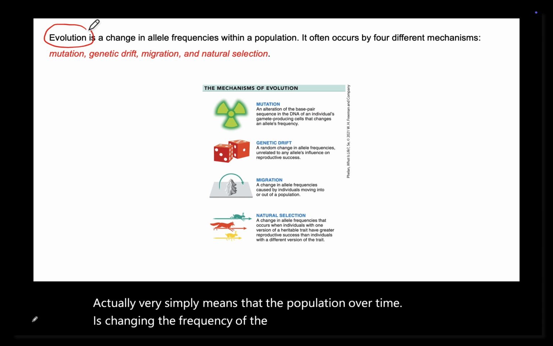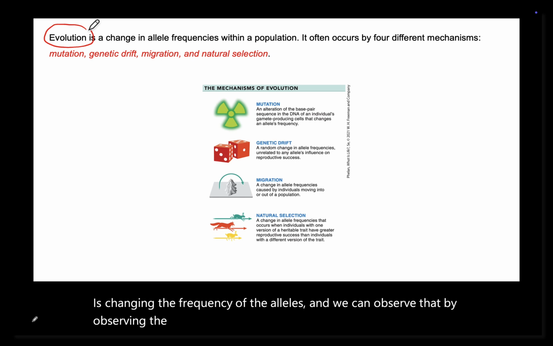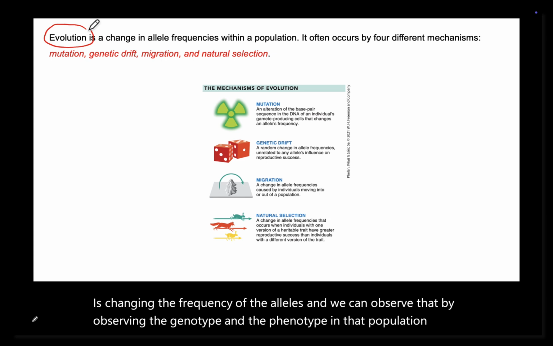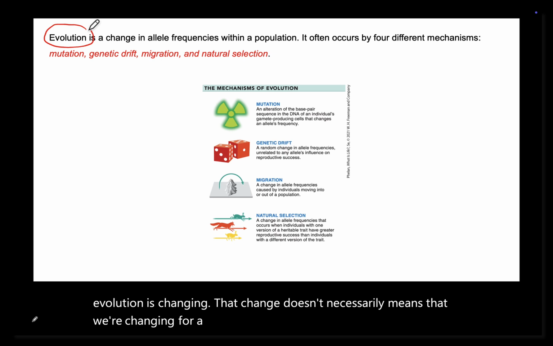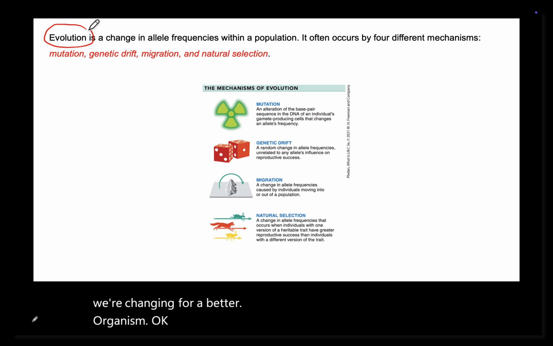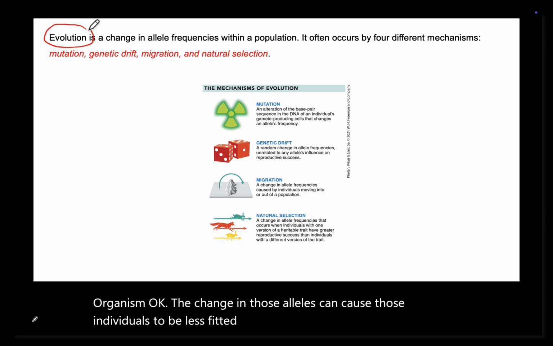And we can observe that by observing the genotype and the phenotype in that population. Okay? Evolution is changing. That change doesn't necessarily mean that we're changing for a better organism.